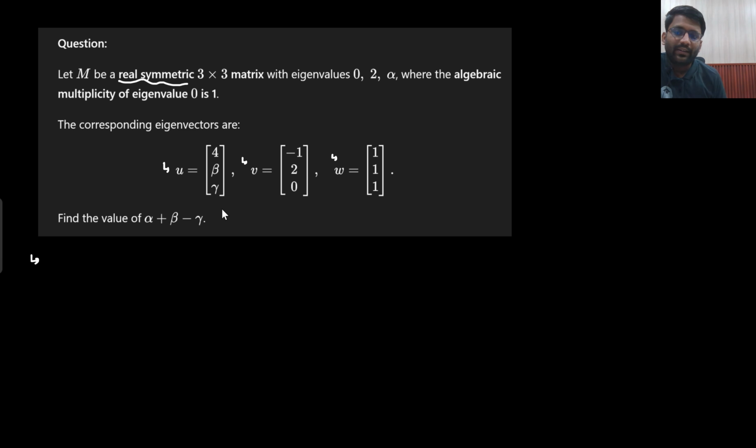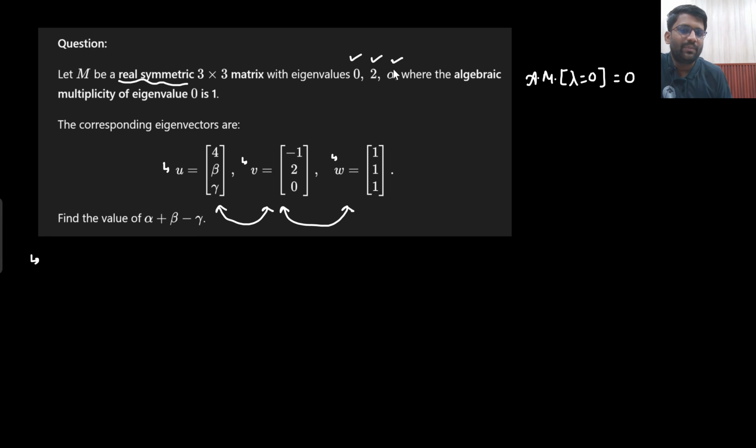Now, how do I know that these eigenvectors are corresponding to different eigenvalues? I don't know that. Then I went to the eigenvalues. I got to know that there is one eigenvalue 0, another eigenvalue 2, and another eigenvalue alpha. I don't know the value of alpha. But it is given that the algebraic multiplicity of lambda equals 0 is 1.